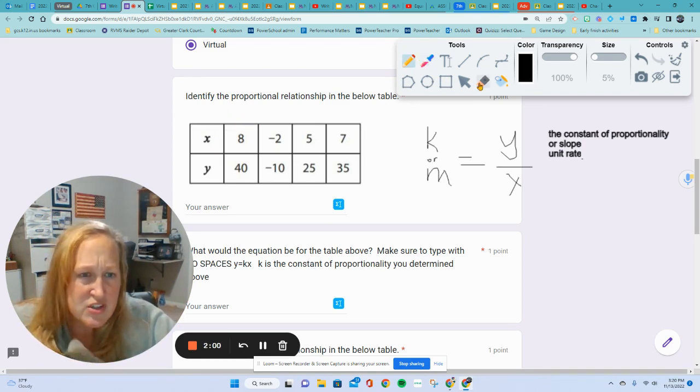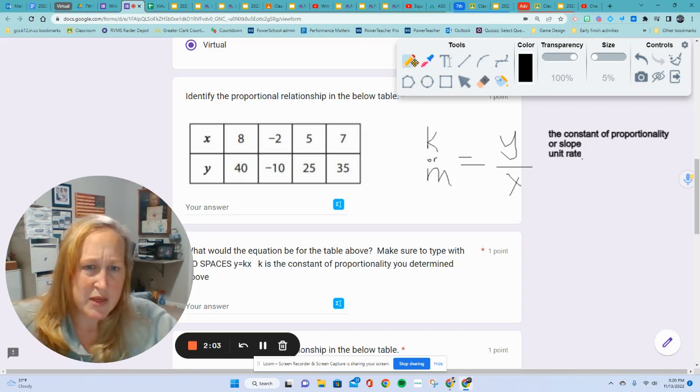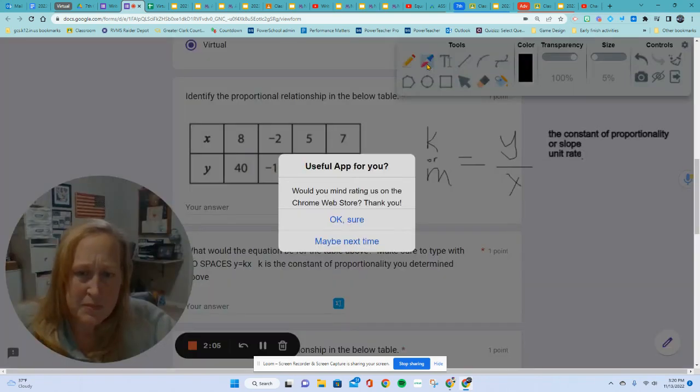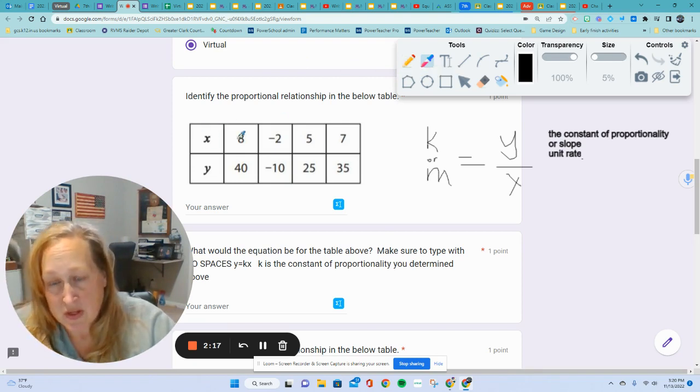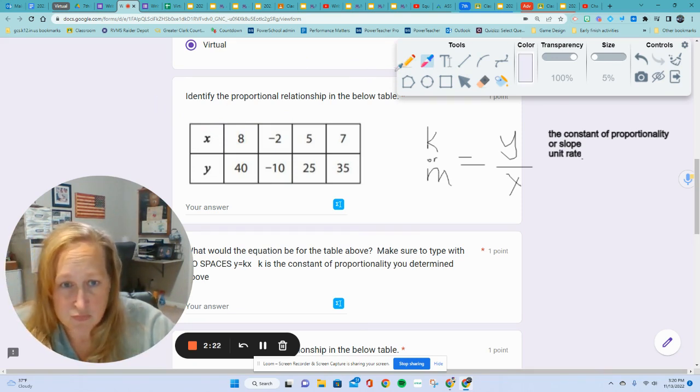So let's see if I can change color. This is a new system for me. Nope, we're not going to do that. Sorry, it won't let me change color, at least not that I can figure out how. So we'll just leave it alone. So we're going to start with K, with a pencil.